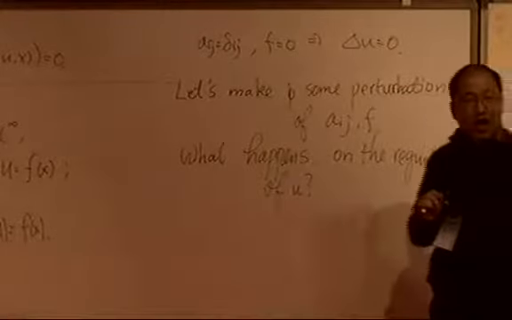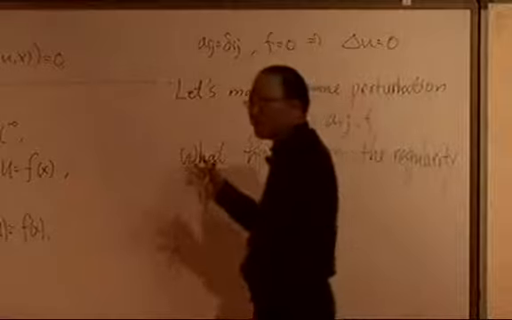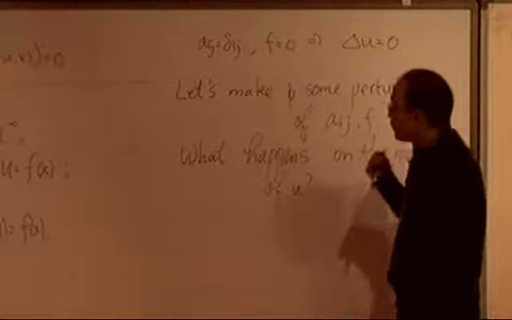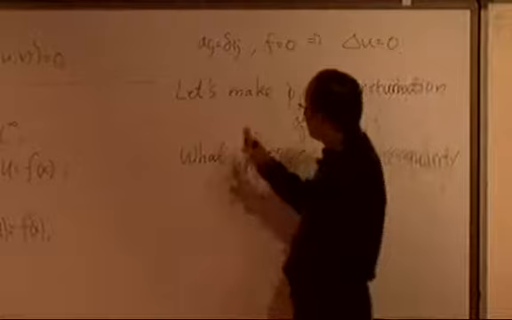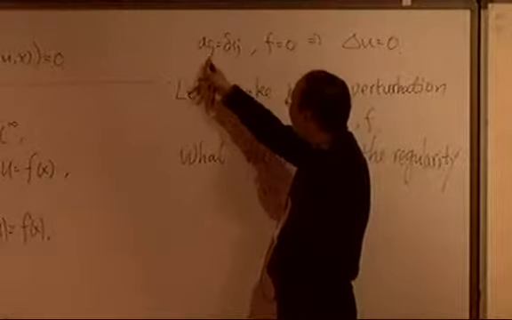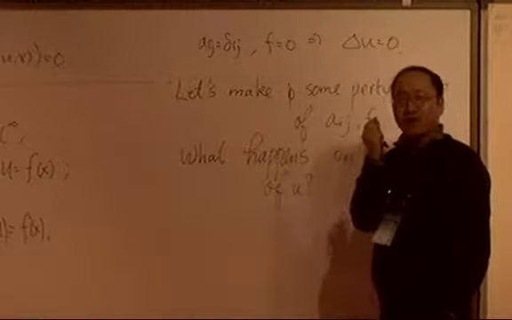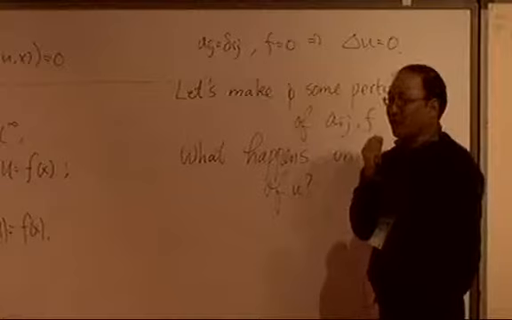And then, many things are well known. That's what I want to discuss. The first simplest case is, okay, if this is a fixed constant, then it's great. Then maybe I can change A_ij and f by a very, very small amount. Okay?